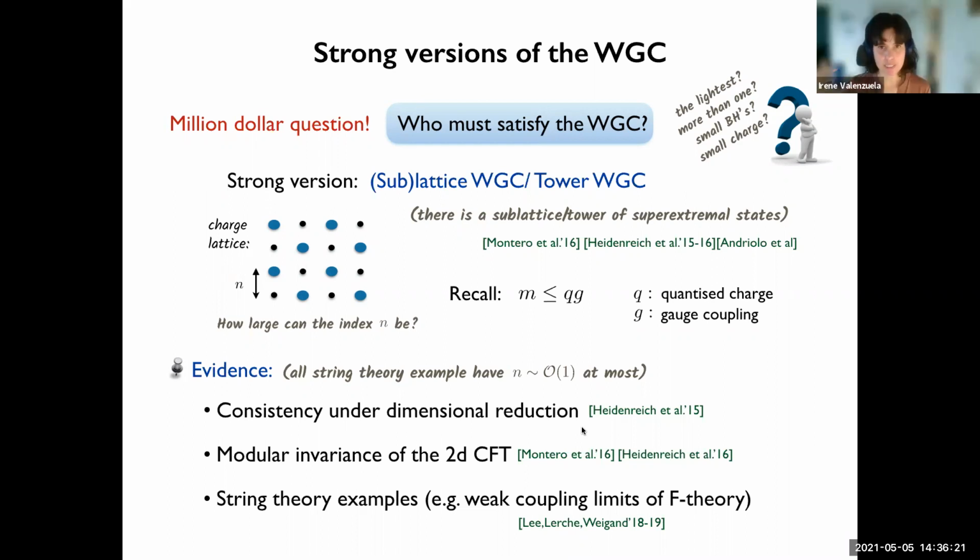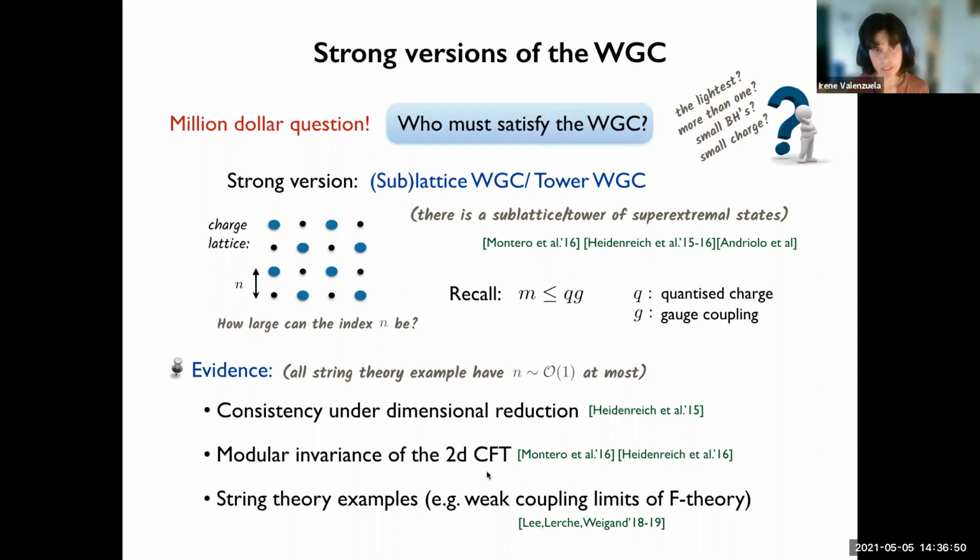So the only way in which this statement is like a quantum gravity constraint that doesn't care about what dimension of the space-time you are talking about is that you have more than one state and you have infinitely many. But more concretely, these works on modular invariance of the 2D CFT require to have a sublattice. It's not enough. I mean, you generate a sublattice, not just one.